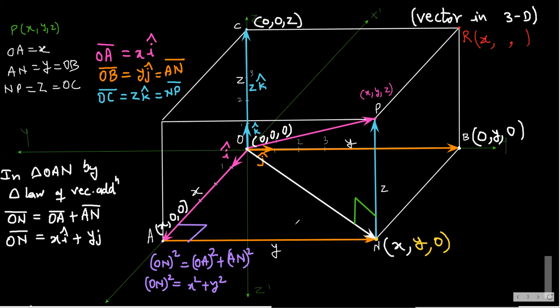Okay, its x displacement is x. Along x-axis, it has displacement of x. Its y displacement is, I'm sorry, point R.